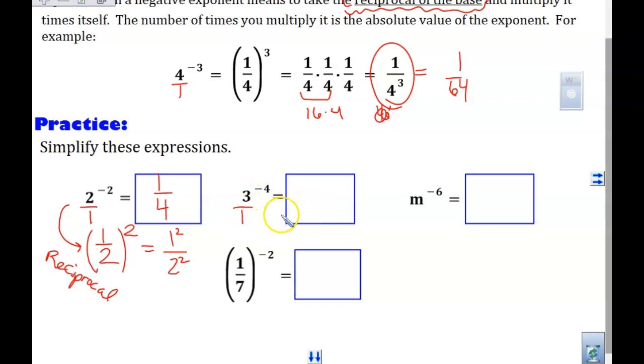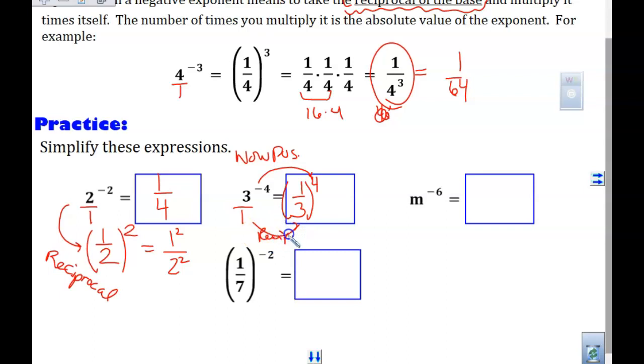So if I'm going to start to rewrite this, I'm going to start with putting 1/3 to what power? 4. To the 4th now. So the negative becomes positive because we are taking reciprocal. So it's now positive, okay? And we've done the reciprocal of this part.